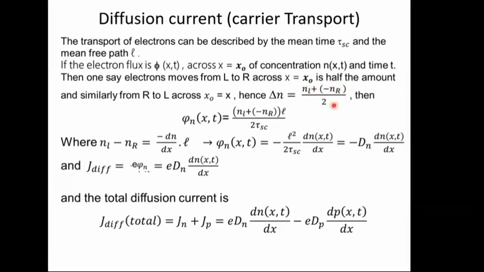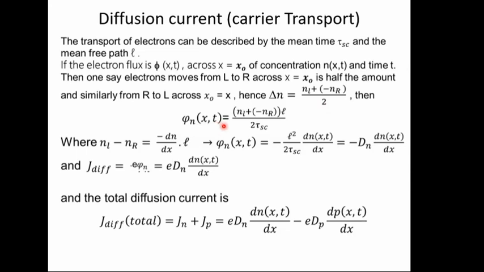So we're summing and taking the average of the two. So the concentration delta N over dx will be N sub L minus N sub R over 2. Hence the flux, which is per unit cross-sectional area.